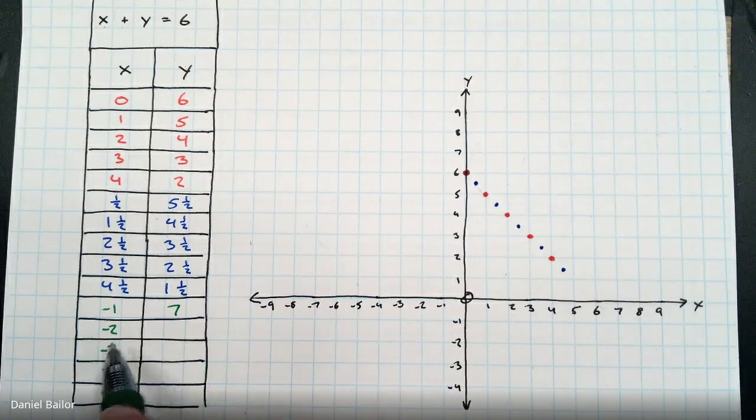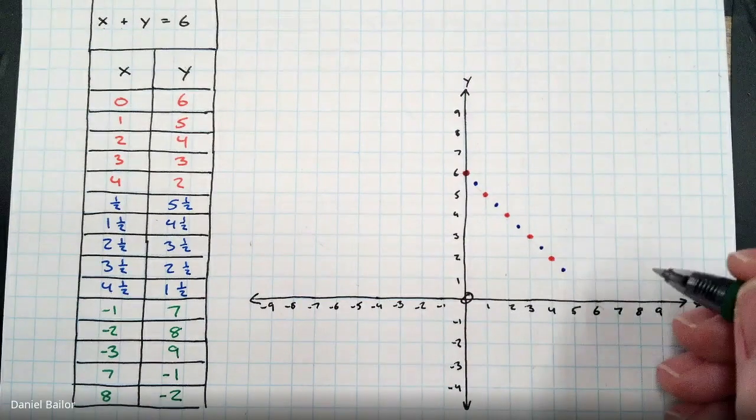When x is -2, -2 plus 8 makes 6. When x is -3, -3 plus 9 makes 6. When x is 7, 7 and -1 makes 6. And when x is 8, 8 and -2 make 6. So now we have 5 more coordinates. So let's graph these ordered pairs to see what we get.